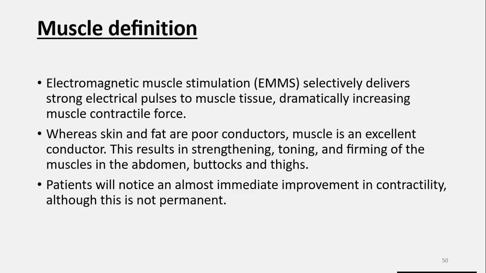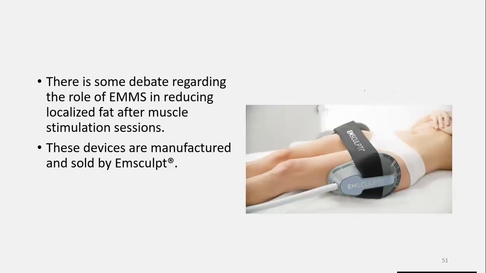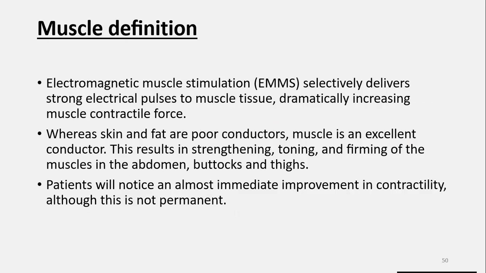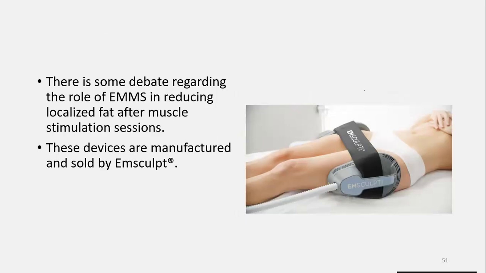Whereas skin and fat are poor conductors, muscle is an excellent conductor, resulting in strengthening, toning, and firming of the muscles of the abdomen, buttocks, and thigh. The patient will notice almost immediate improvement in contractility, although this is not permanent. This is one of the machines, known as the M-Sculpt, which is based on this EMMS technology.